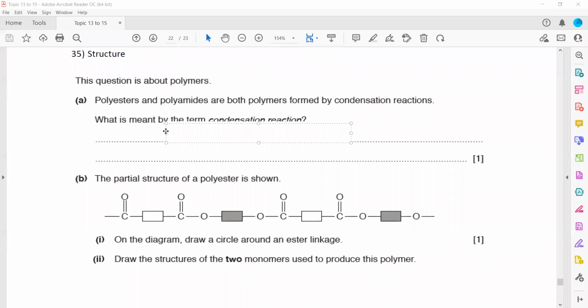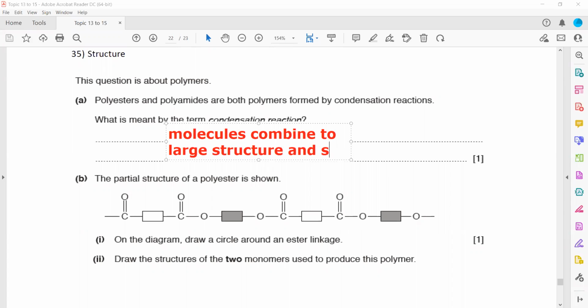So the molecules combine to form a large structure and a small molecule such as water.